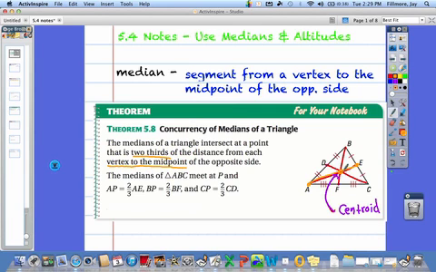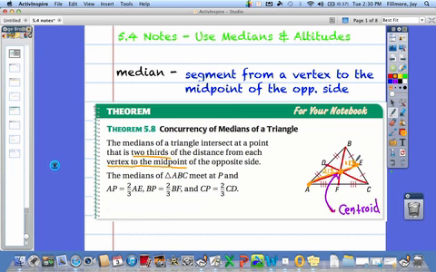That means that this centroid is 2/3 the distance from A to E. So this is 2/3 of the way over, so this is 1/3 right here. And this is 2/3 right here. This is 2/3 the distance. This is the other third. So that's the centroid. It divides your medians into 2/3 and 1/3.